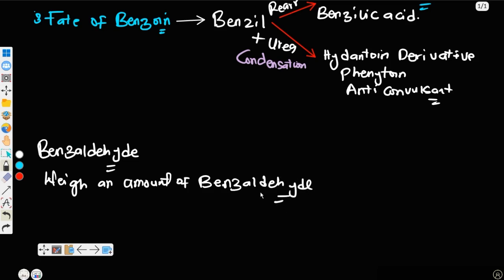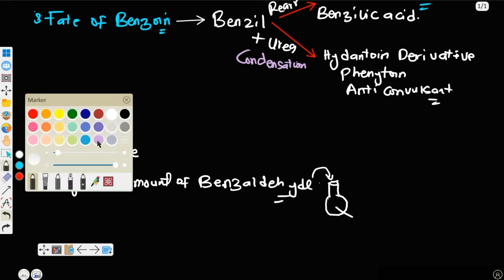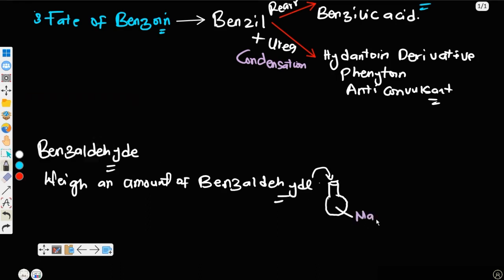After weighing this amount of benzaldehyde, transfer it into a 250 ml round bottom flask. All right, this one here. Then the round bottom flask is already containing the sodium cyanide, an amount of it.